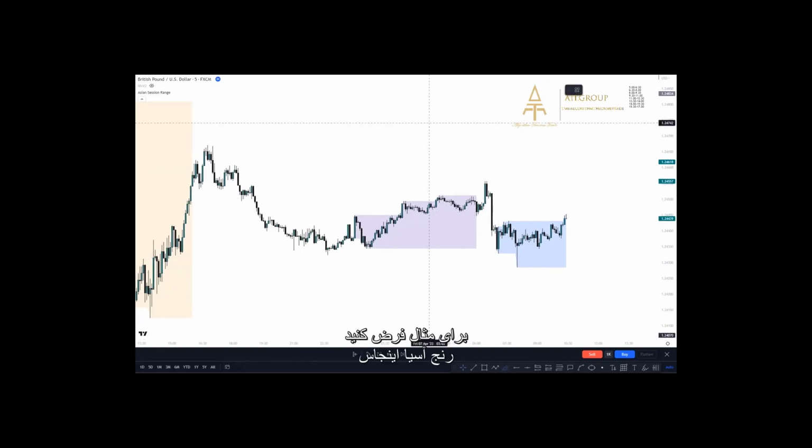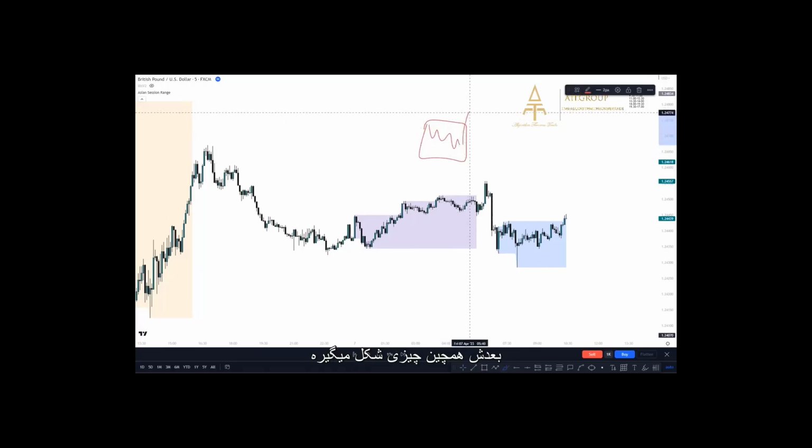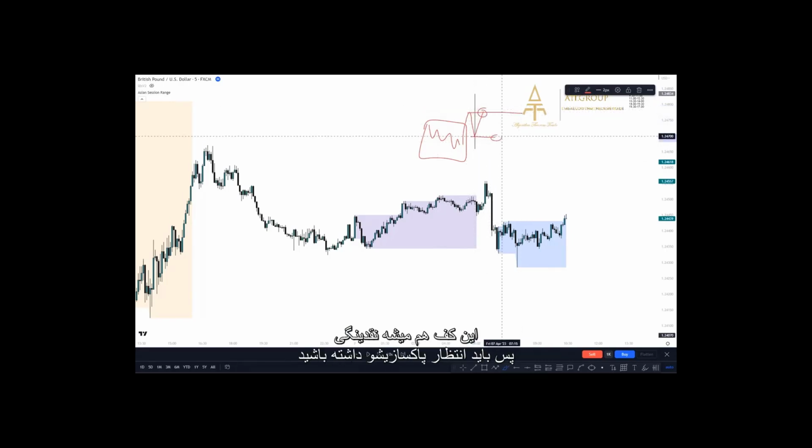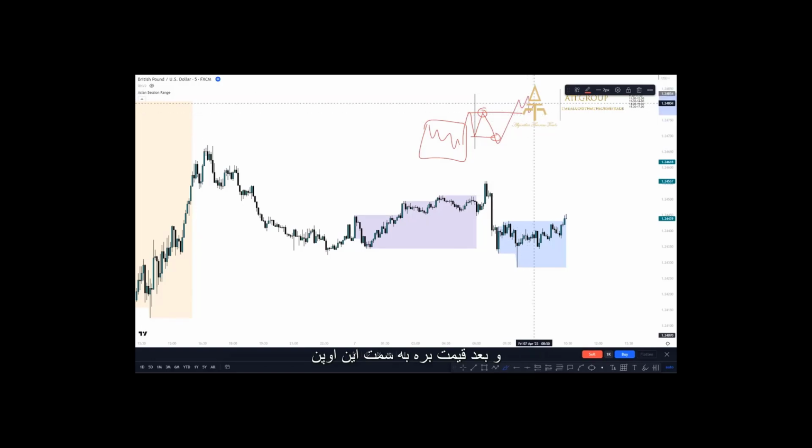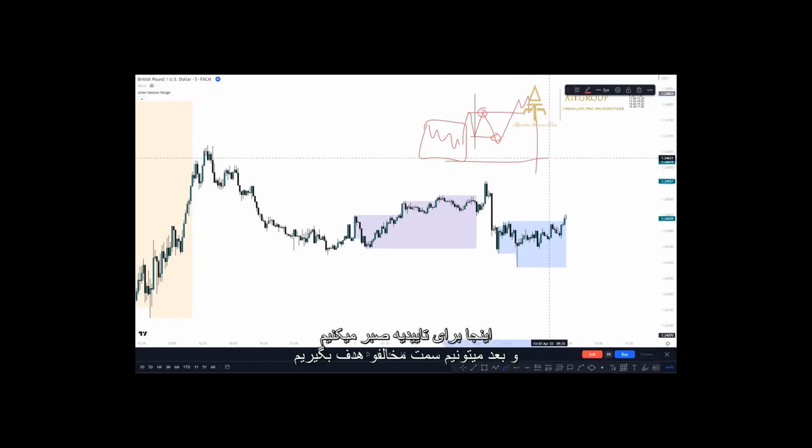Because let's say for example we got Asia build up right here, and then something like this, and London open starts right here. We know that London open or every other session opening is liquidity, so this high will become liquidity, this low will also become liquidity, so we can expect a sweep of this and go for this open, wait for confirmation, we can then target the other side.